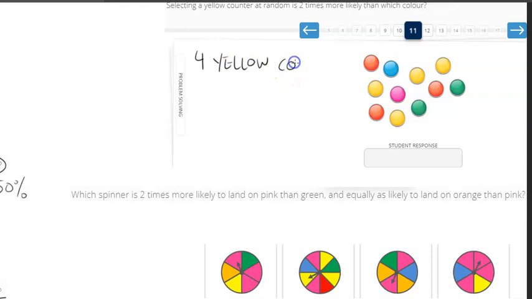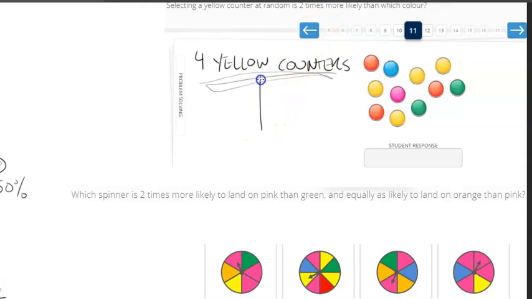And we have to be very careful with the terminology that they're using in regards to how they're referencing these yellow counters. It says here, selecting a yellow counter at random is 2 times more likely than which color.